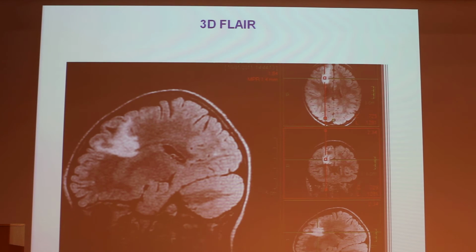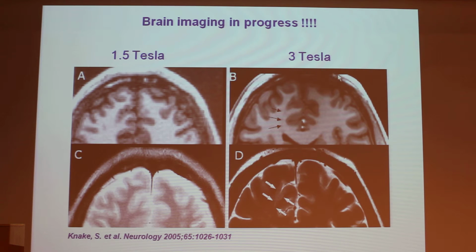Now with the technology we have a 3D FLAIR, and it is important for the surgeon to delimit the dysplasia, for example, and I hope we are going to have the 3 Tesla, and it is easier to see the cortical dysplasia.